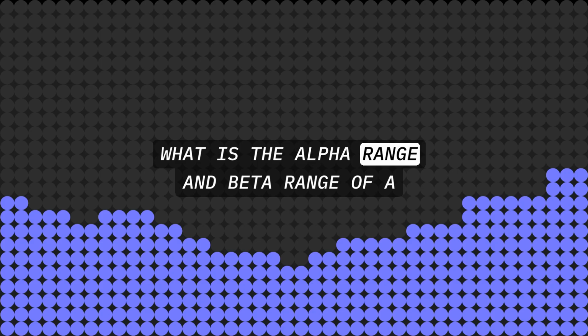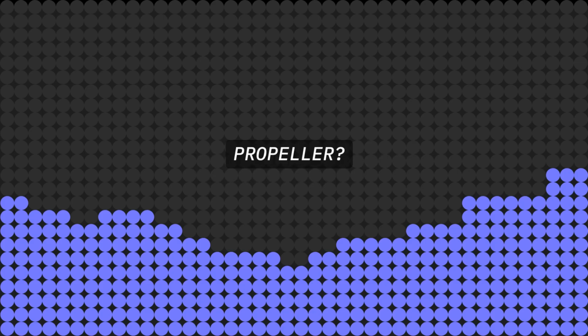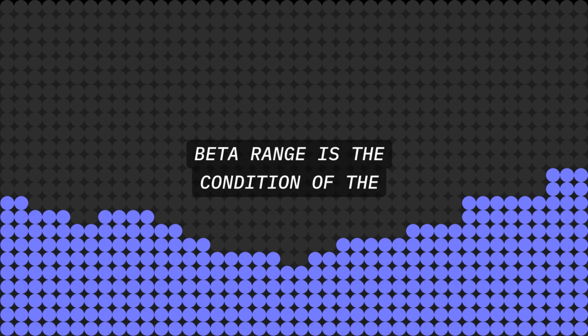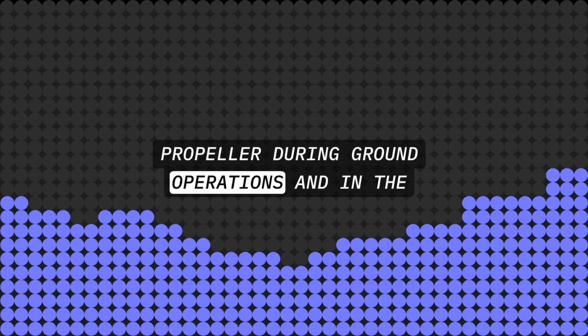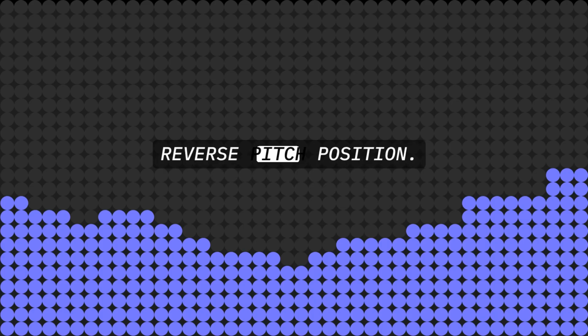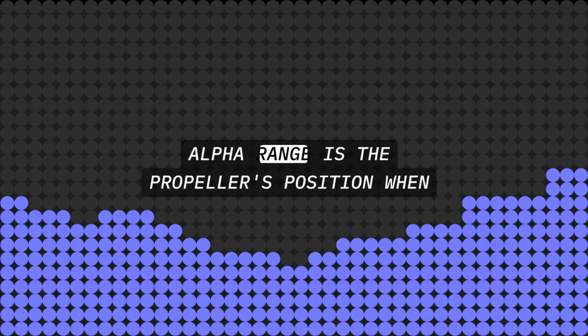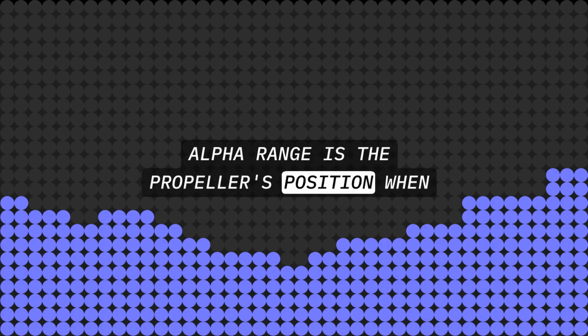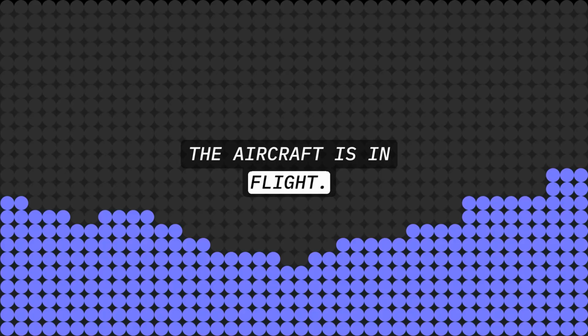What is the alpha range and beta range of a propeller? Beta range is the condition of the propeller during ground operations and in the reverse pitch position. Alpha range is the propeller's position when the aircraft is in flight.